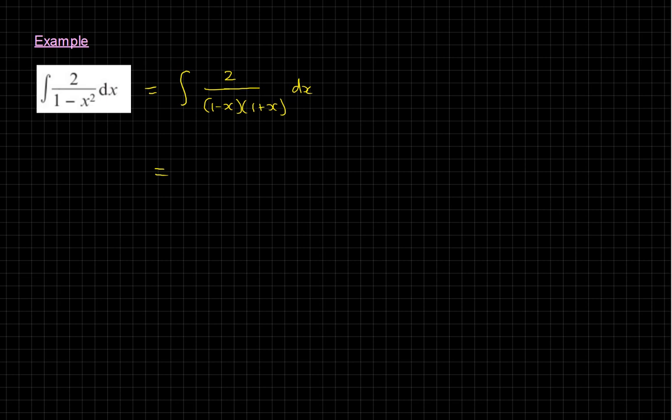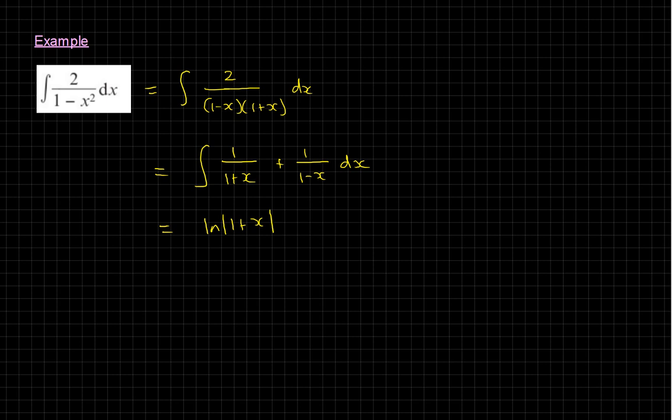In this case, we're going to get the integral of 1 all over 1 plus x and 1 all over 1 minus x. And again, if you're not quite comfortable with that, you just need to review how to do partial fractions. So once we've got that, first one, ln of 1 plus x.